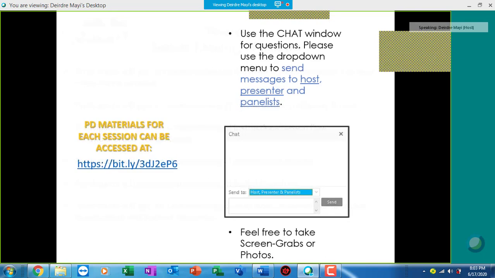Now, because of the fact that you are muted, you will need to be in contact with us via the chat window. Now, please be reminded that when you open up the chat window, you will want to make sure that your message is being sent to host, presenter, and panelist. If you look on the screen, you will see that I've highlighted host, presenter, and panelist. Here's why.